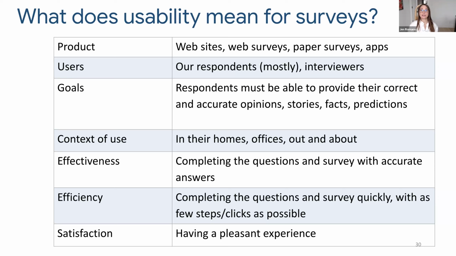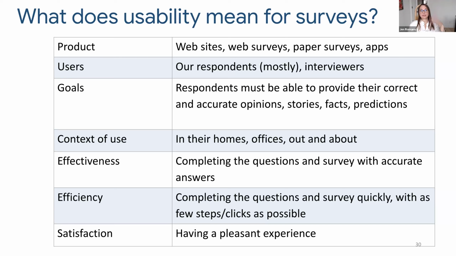And we want to make sure when interviewers aren't present, that respondents can actually use the product, which in surveys, that means, let's go down to goals. That means being able to provide correct and accurate opinions, stories, facts, predictions, whatever it is our questions are. We want to make sure people can accurately record their responses. That is the goal. And then context of use.